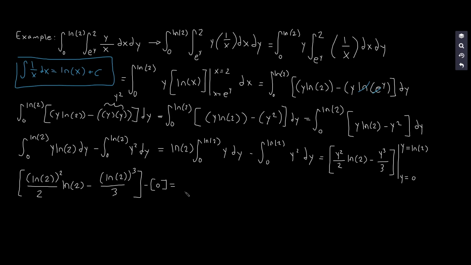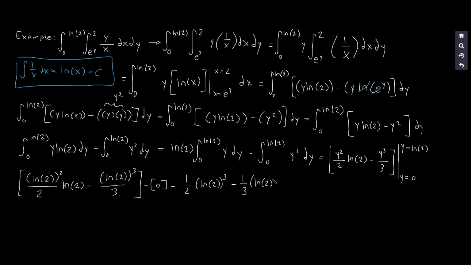Now at this point, I'm going to do some factoring. I'm going to say that this is 1/2 times the natural logarithm of 2 cubed, right? Minus 1/3 times the natural logarithm of 2 cubed.